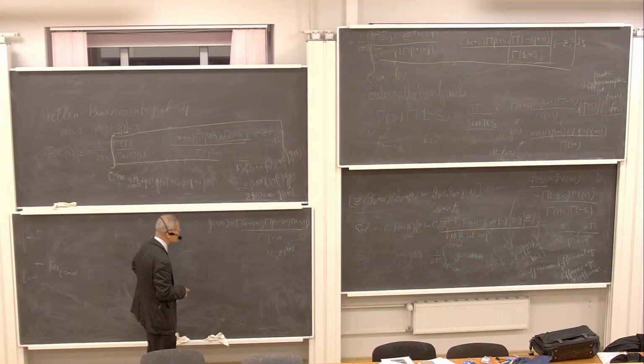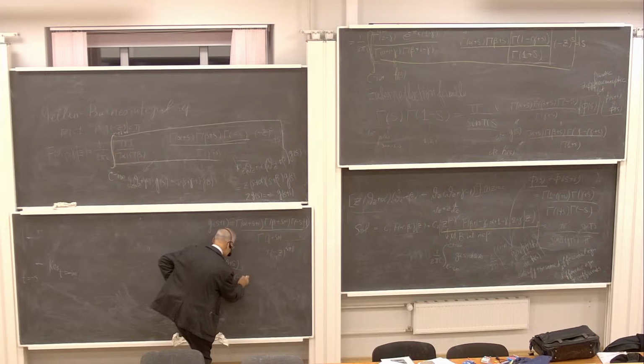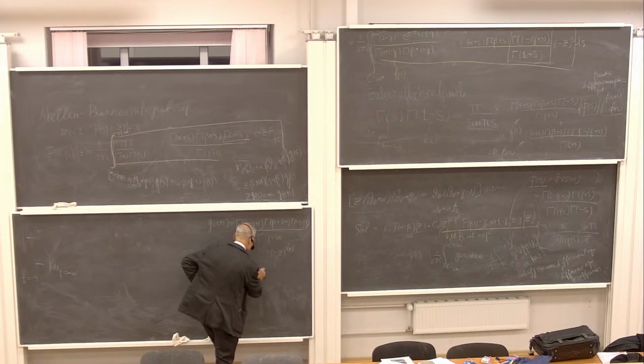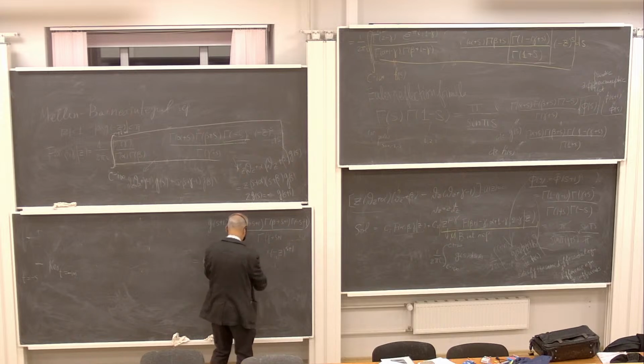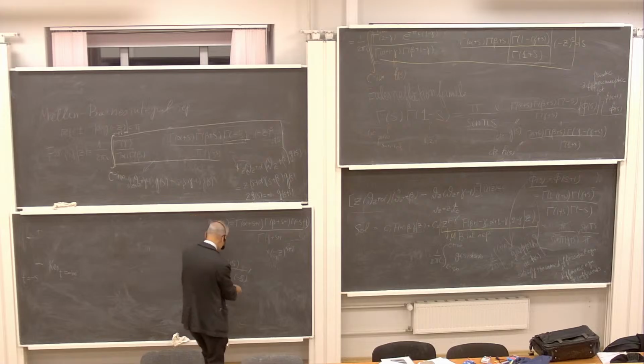This is alpha plus s times beta plus s divided by gamma plus s divided by minus s, times this.